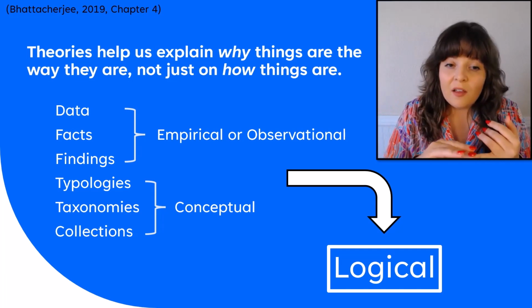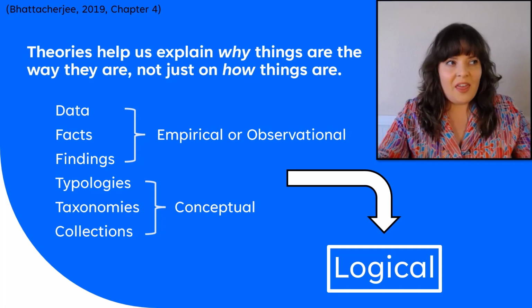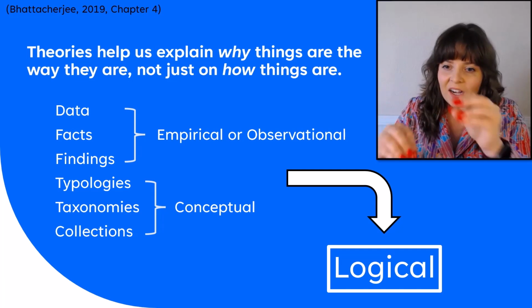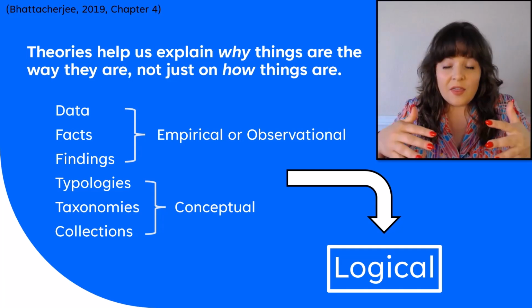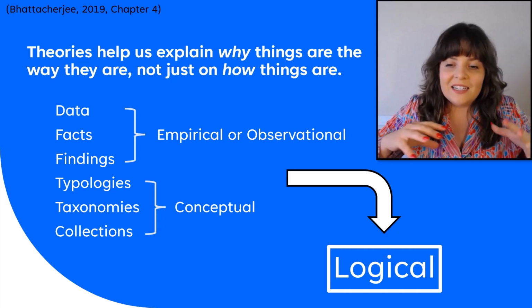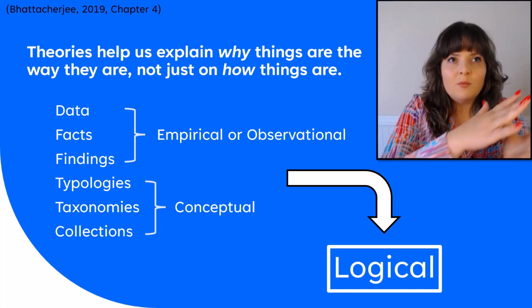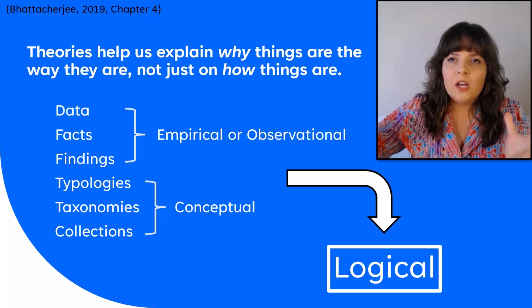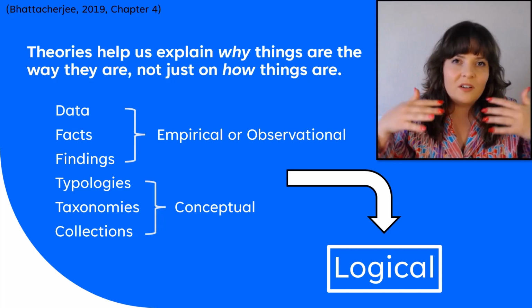Those are typologies, taxonomies, collections, where we're taking different things and putting them into categories and explaining how this thing is different from that thing is different from that thing. Theory takes those empirical observations and those conceptual ideas and puts them together in a logical argument that helps make sense of these trends that we're noticing across our data, across our conceptual understandings of things.